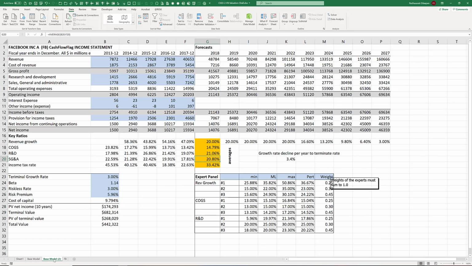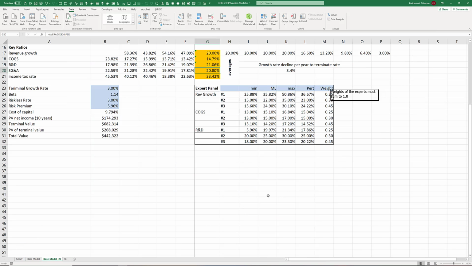So we go to model 2. Alright, so now we have beta estimates. So we'll put that in. Okay, so we have mean and standard deviation.